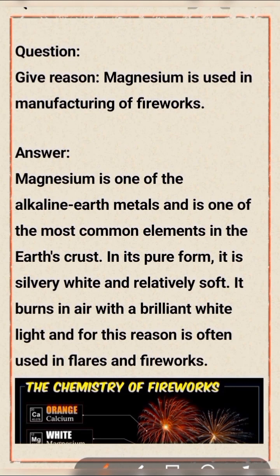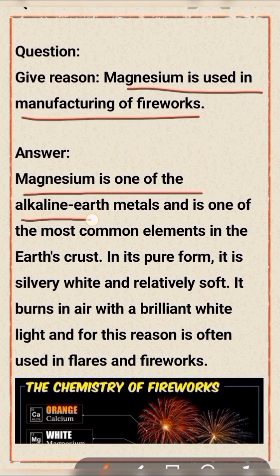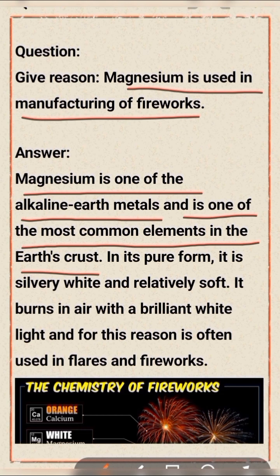Give the reason magnesium is used in manufacturing fireworks. Magnesium is one of the alkaline earth metals and is one of the most common elements in the earth's crust. In its pure form, it is silvery white and relatively soft.